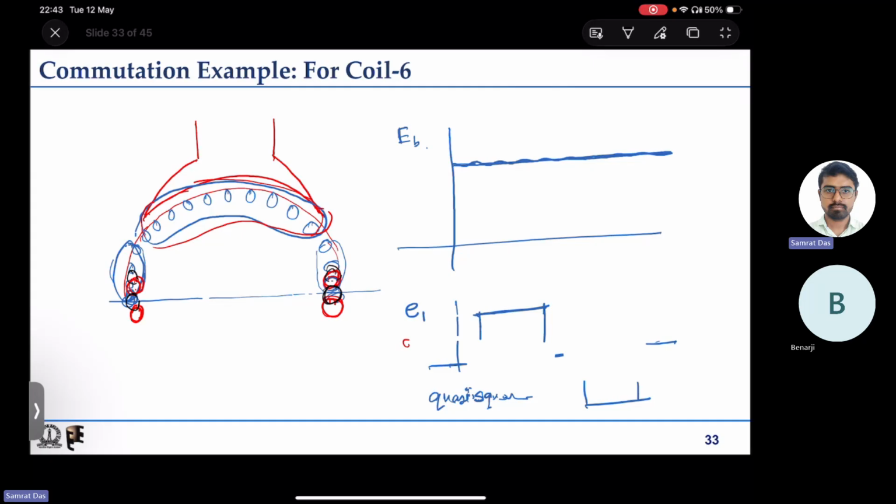Although one of them is shorted, there is no reasonable change in the induced EMF.